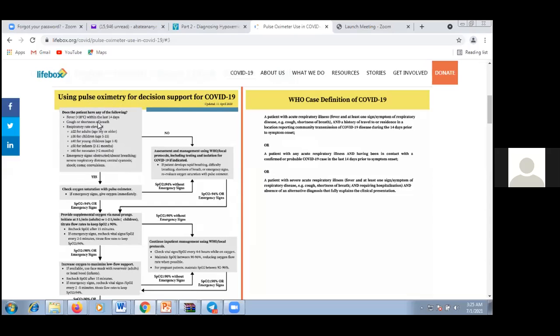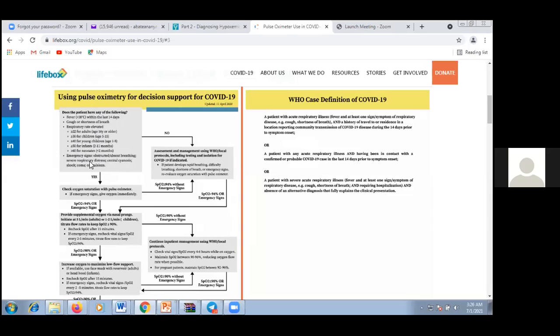Higher respiratory rate definition depends on the age of the patient. Like for neonates, greater than 60, but for adults, greater than or equal to 22. And if these symptoms are present, then it's indicated to apply pulse oximeter to know if the patient is hypoxemic or not.